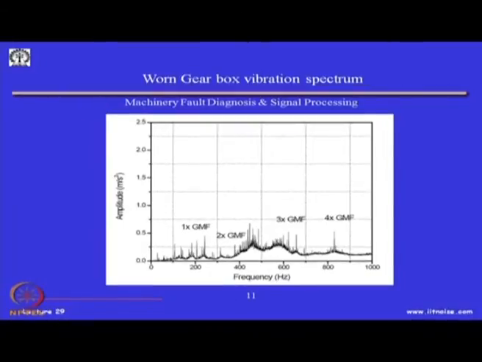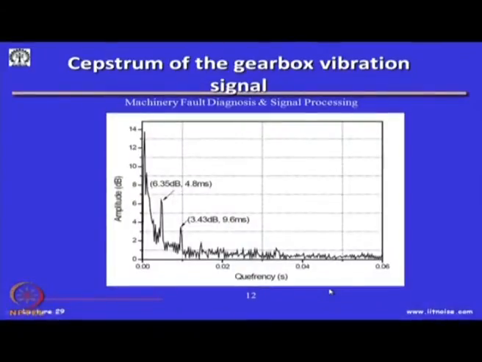What I wanted to show you here is that the gearbox sidebands around the GMF have to be found out by the cepstrum analysis of the gearbox signals, this is in dB, and they will give you certain quefrencies. The inverse quefrency will be related to the rotational speed of the pinion or the gear, or there are multiples. In this case, there is a strong multiple. So, you will see which one is more at fault.